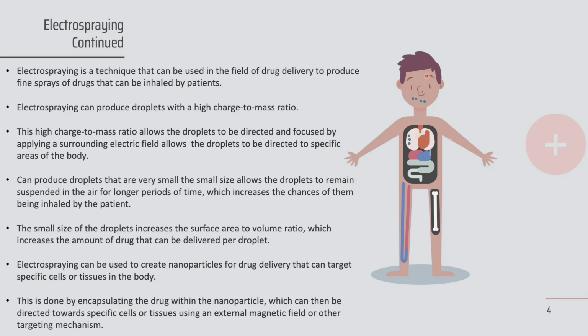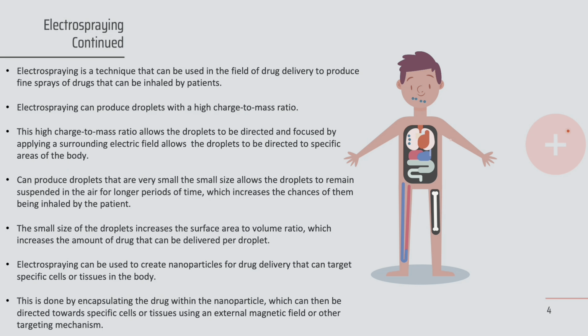The blue particles represent particles created by electrospraying that are positive, and the positive charge on the outside can be used to direct these particles to specific areas in the body.